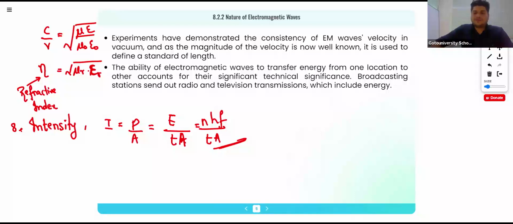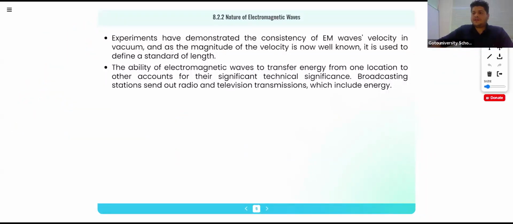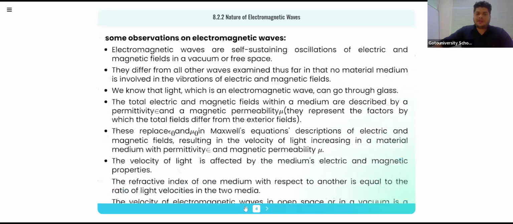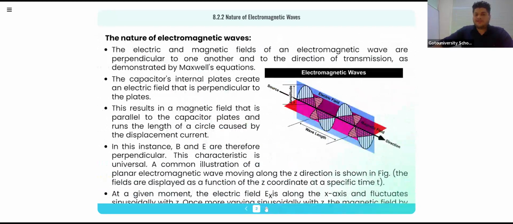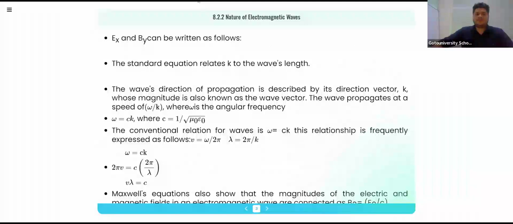Okay, once more. See what we have. I will mark here what we have. The first thing: Ex and Bx, that means electric field and magnetic field. We have the standard equation.